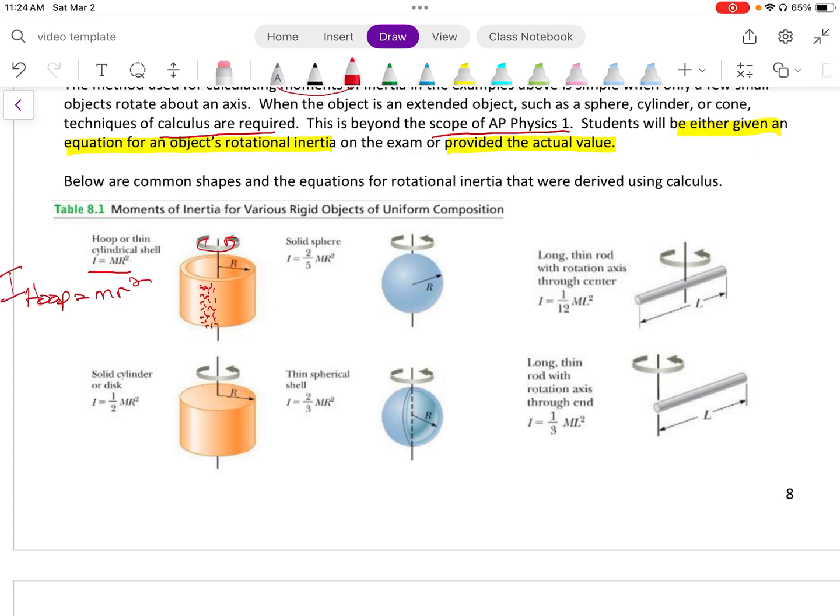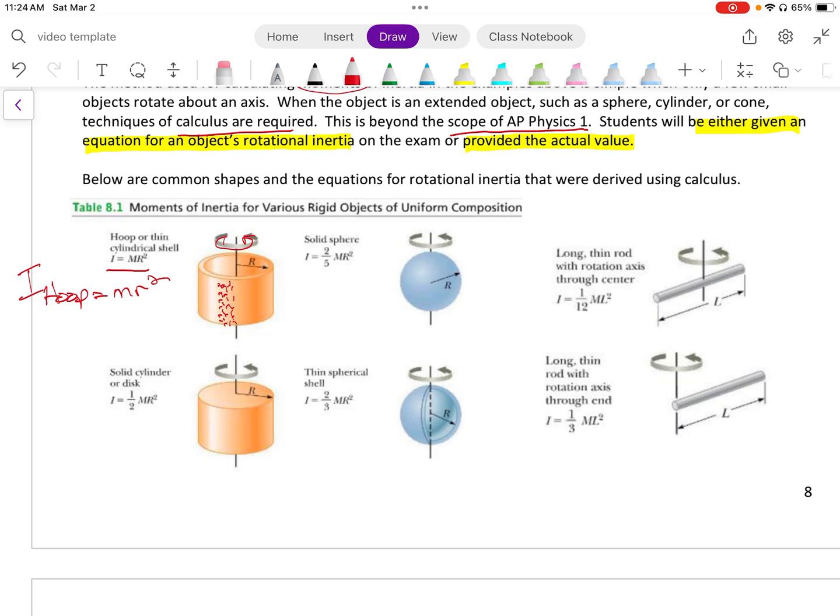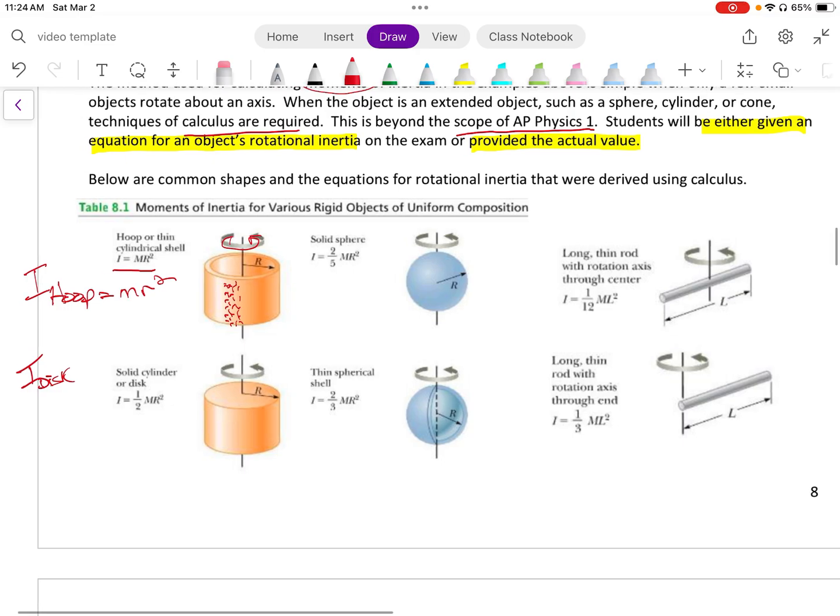Okay. A solid disk or a cylinder. They will refer to this, and there are lots of these on the AP exam, as an I of a disk. And notice that it has mass all the way through, so it's solid, and I is 1/2 mr squared. Now notice it's less than the I of a hoop. So if you have a hoop and a disk that are identical in total mass, the actual rotational inertia of the disk is half that of the hoop.